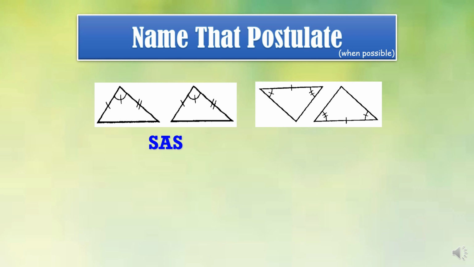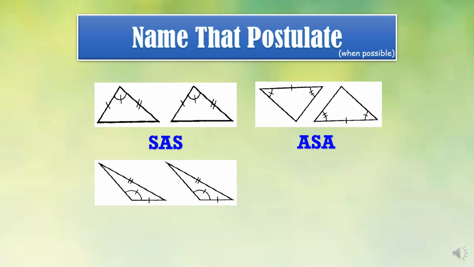Can you guess it now? Okay, that is angle, side, angle congruence postulate. Very good. Next. We have side, side, angle. But then, do we have that kind of congruence postulate?